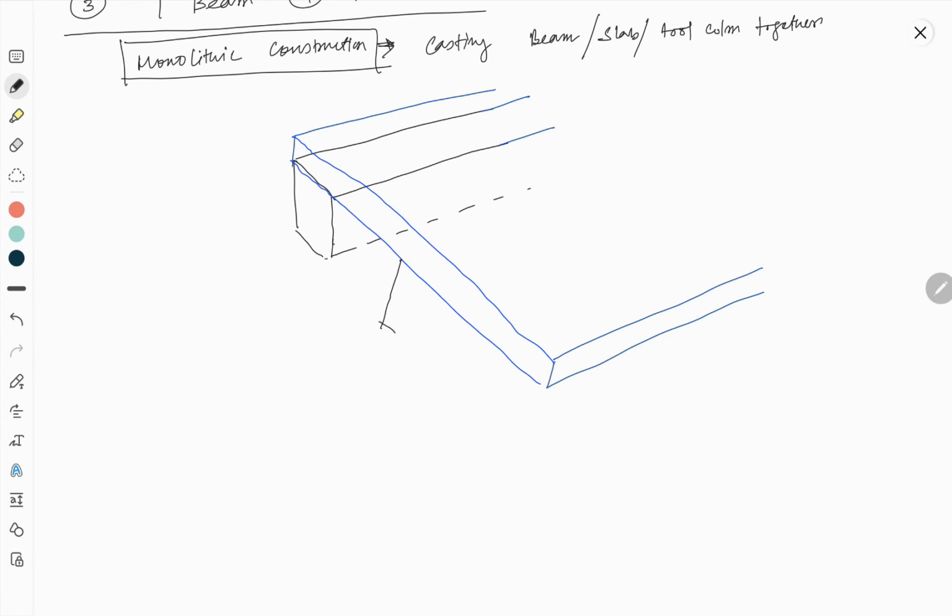This is another beam. This is another beam.